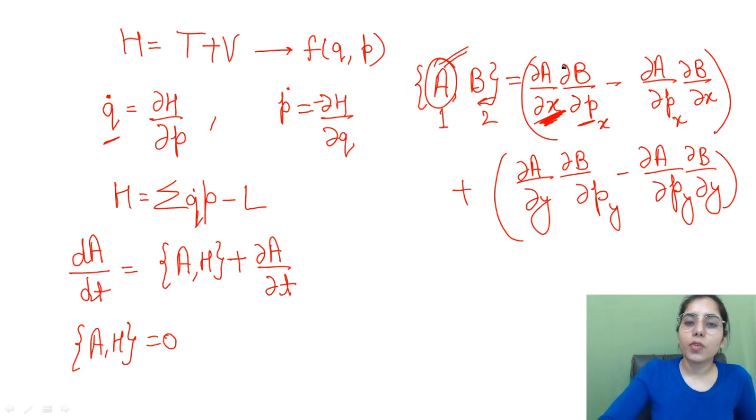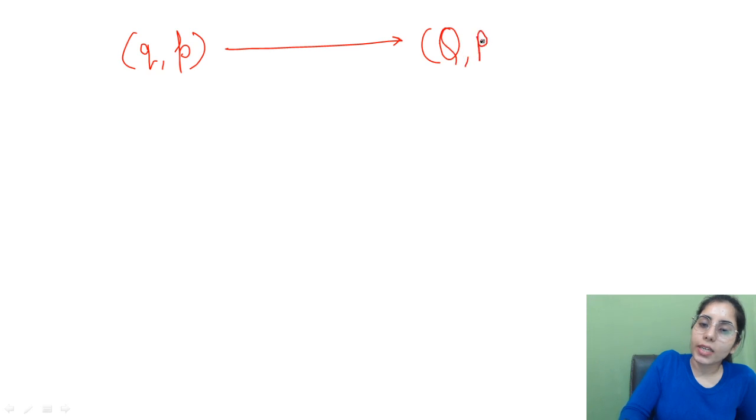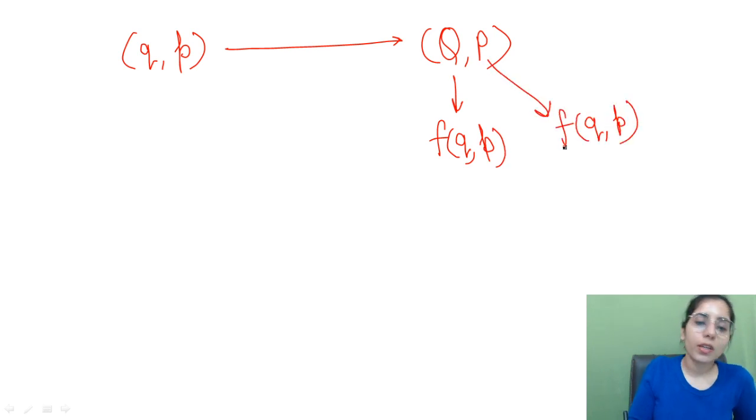Next point, guys, is related to canonical transformation. In general, let's say this is the transformation which is taking place, where the old set of coordinates are getting converted and we are getting a new set of coordinates from these ones. Here Q is a function of the generalized coordinate, which is the old one, and generalized momentum, and P is also another function of generalized coordinate and momentum.